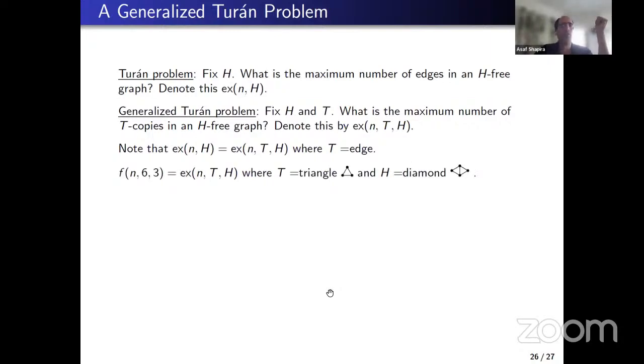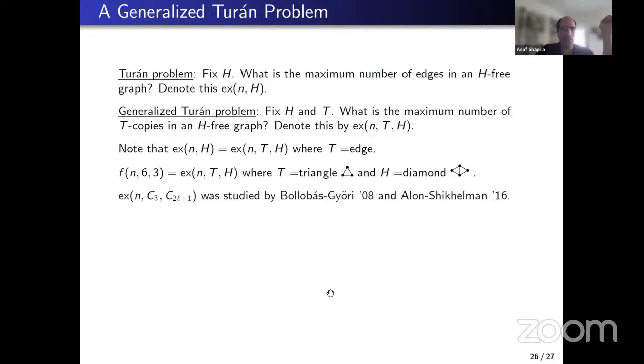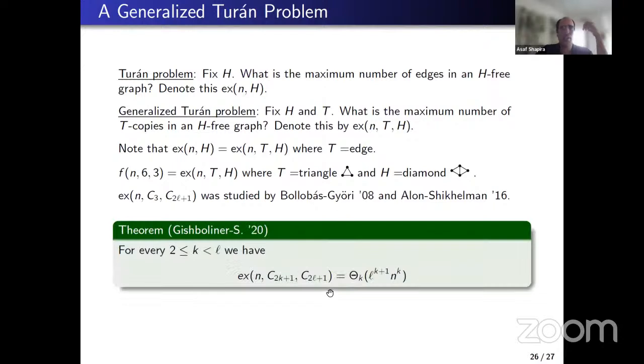And it's also amusing to observe that the 6-3 problem that I mentioned at the beginning of the lecture is just another special case where T is a triangle and H is the diamond graph. This generalized Turán problem has been studied extensively in the literature, and to prove the results from the previous lecture, together with Gishboliner, what we proved is a tight bound for the generalized Turán problem of every pair of odd cycles.